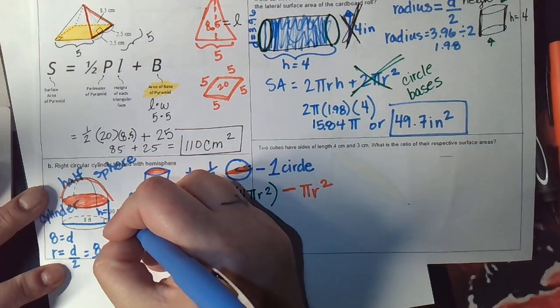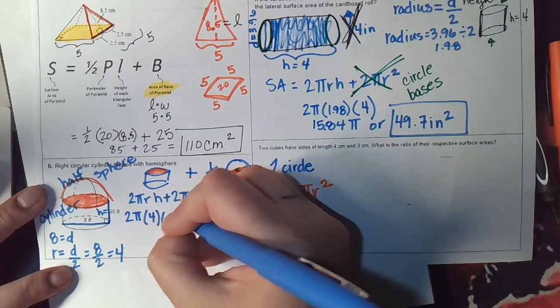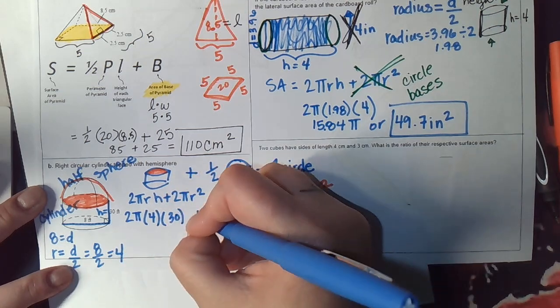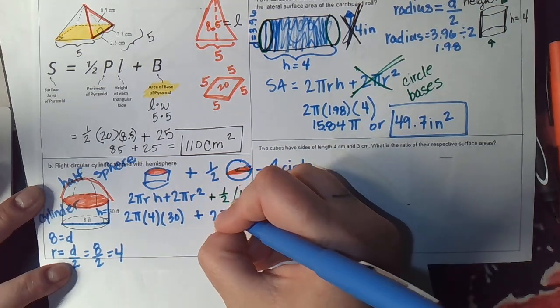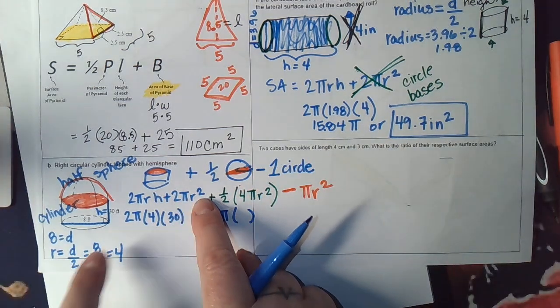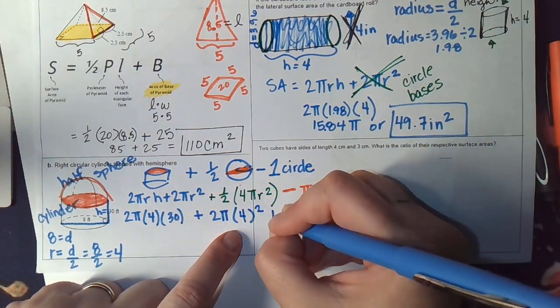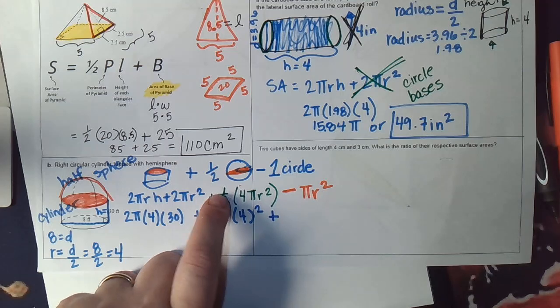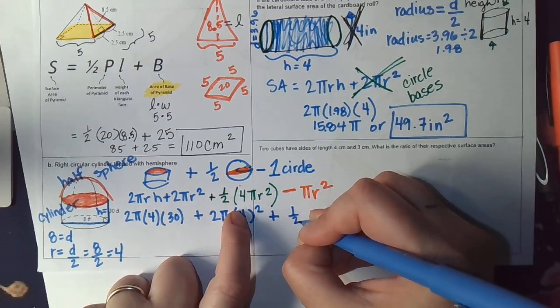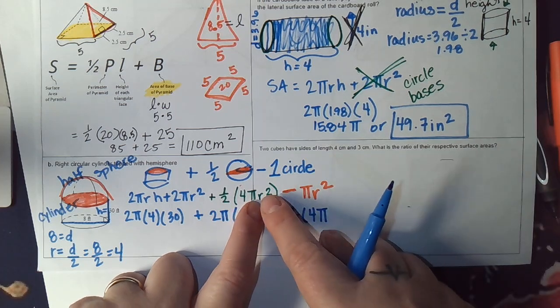Okay, so we're going to have 2 pi times the radius of 4 times the height of 30, plus 2 pi r squared. Our r is 4. Plus 1/2, parentheses, 4 pi r squared.